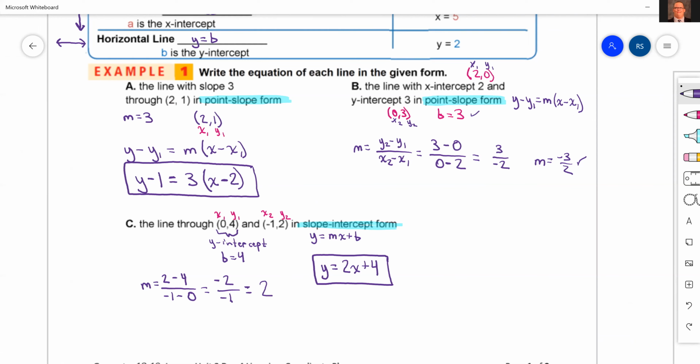I even highlighted it, and I still got it wrong. We have y minus, what's our y1? It's 0, equals our slope, m, negative 3/2, times x minus x1, which is 2. There's the right answer.